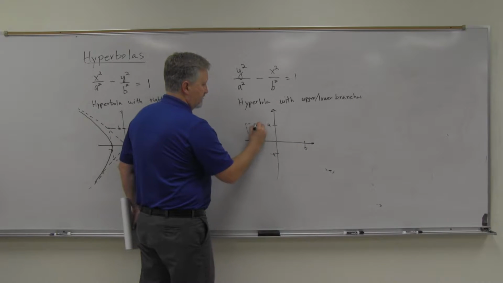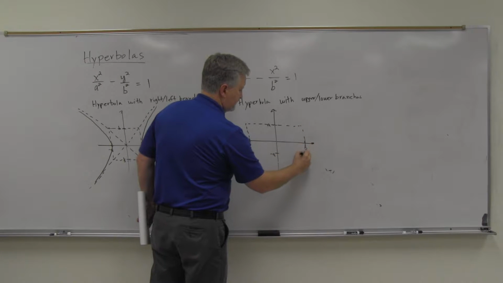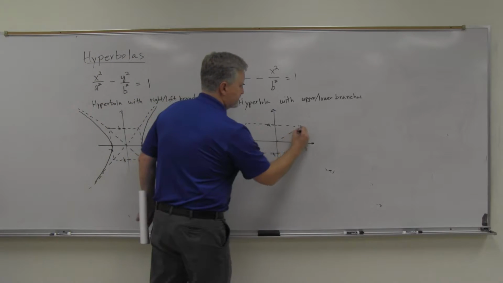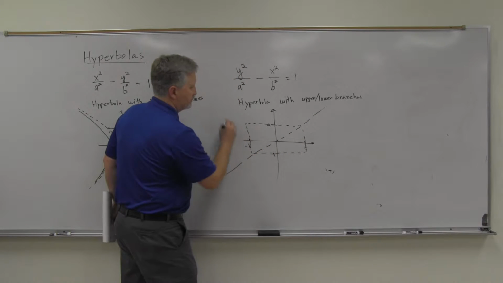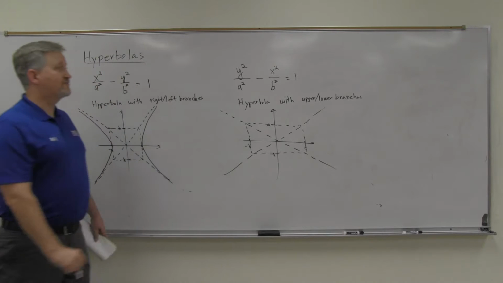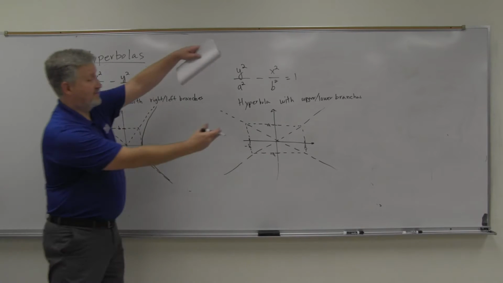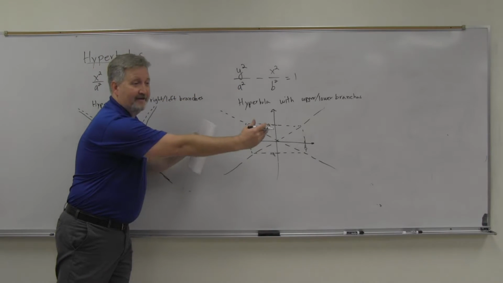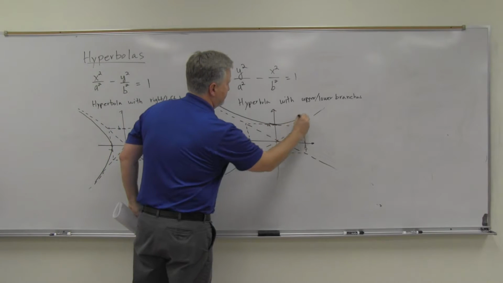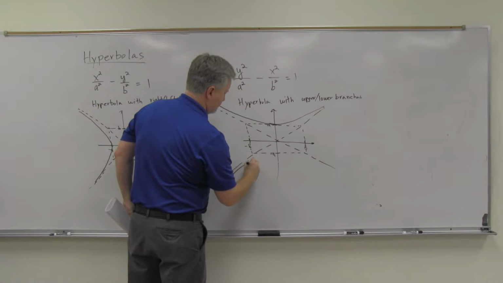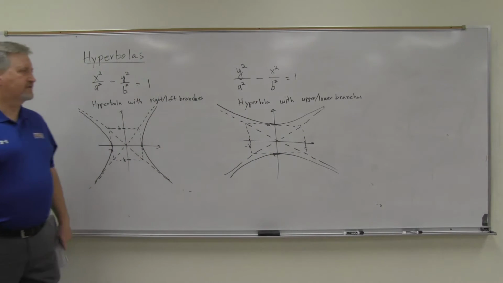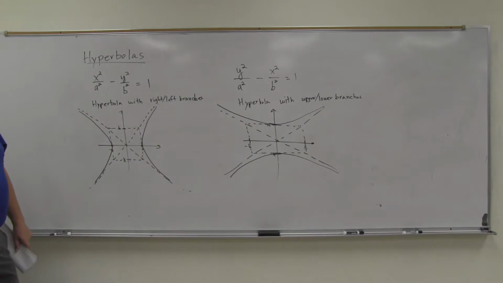Then draw that rectangle and those diagonals. This one has upper and lower branches, and so they go upper and lower instead of right and left. This will be your vertex here. This will be your vertex down here. So that's how you get hyperbolas.